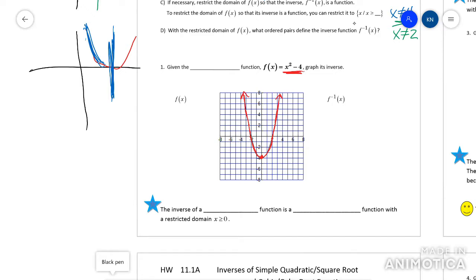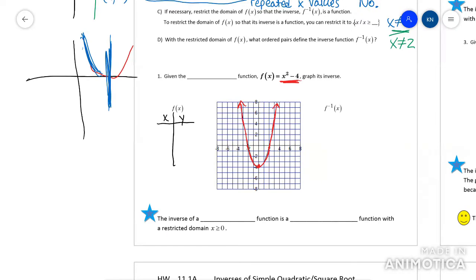One of the ways that they'll do this is they'll make you make an XY table, and you just choose points. So 0, -4 could be a point. 2, -1. Looks like this is a point right here, maybe 3, 5.